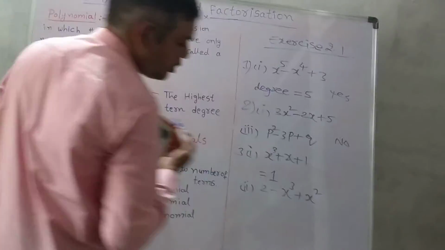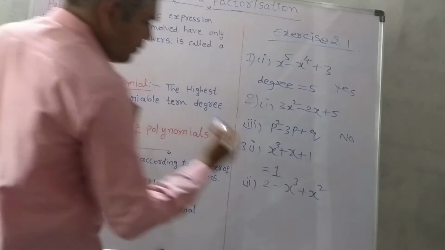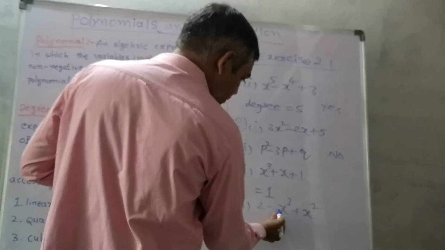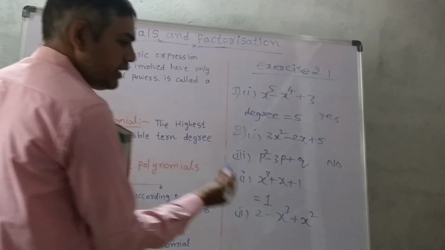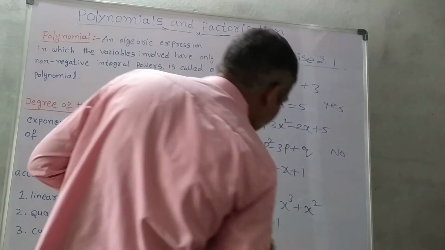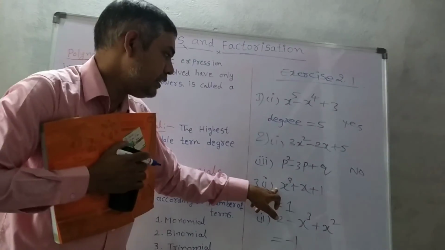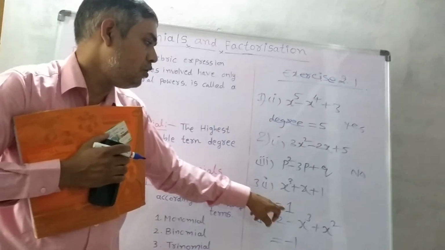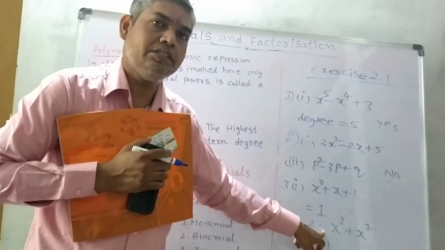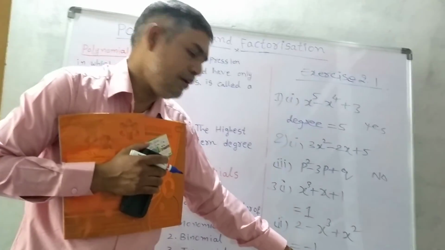This is x cube. This is a variable, but in front of it there is a minus symbol. There is no constant number before the variable. That means the coefficient of x cube is minus. In the previous example there was no minus symbol, that's why the coefficient was plus 1. In this example, there is a minus symbol. That's why the coefficient of x cube is minus 1.